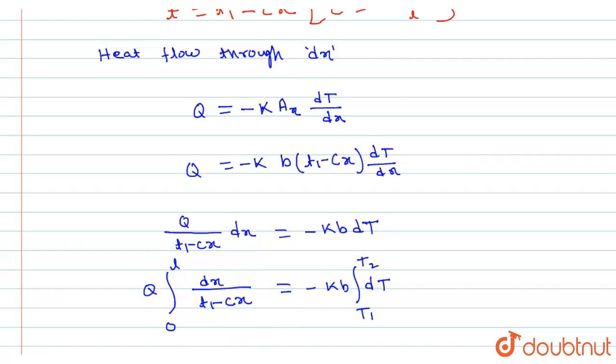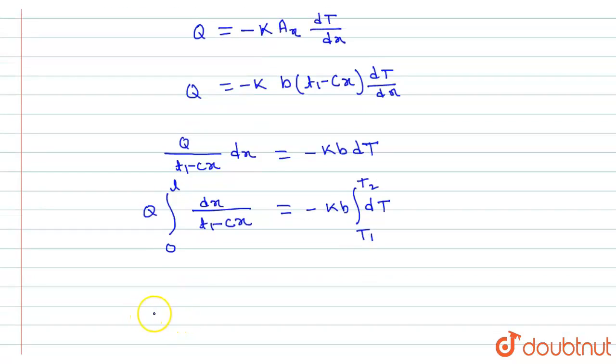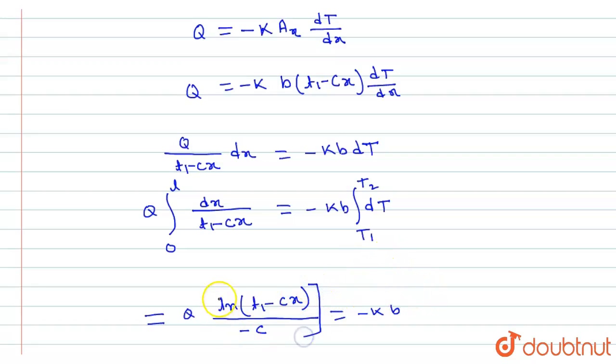Clear? Now we have to integrate this, and after integrating we will get Q, and integration of this is ln (T1 minus Cx) divided by minus C, and this is equal to minus Kb, and this limit also we have to put, and the limit is 0 to L we can write.